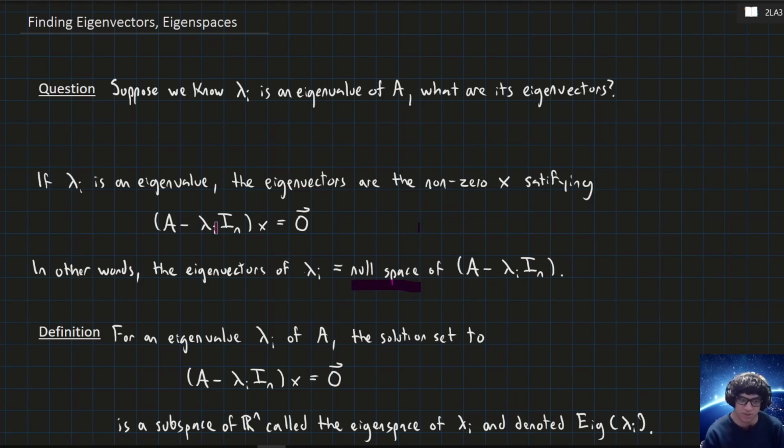So what this is saying is that all the eigenvectors corresponding to a particular lambda form a subspace in Rn. You don't just get one eigenvector by doing this, you get an entire subspace of eigenvectors.